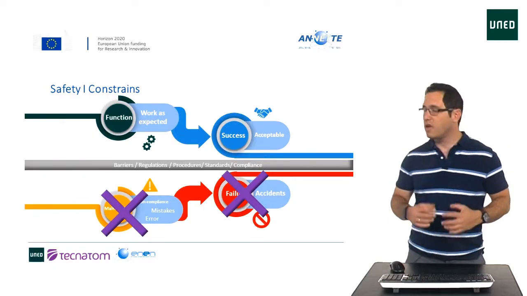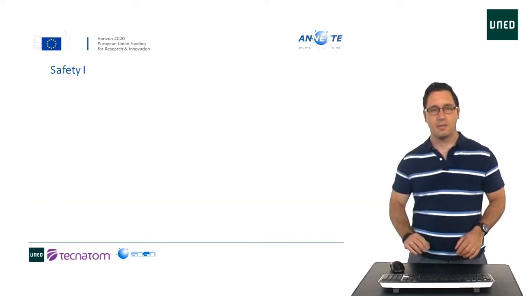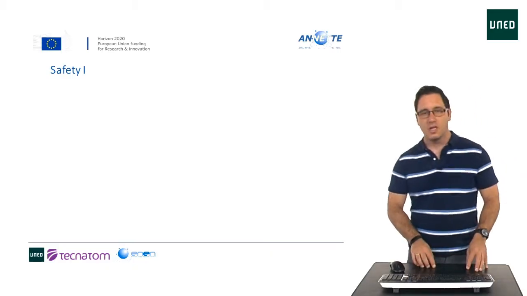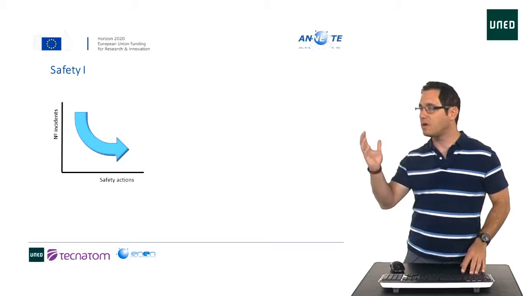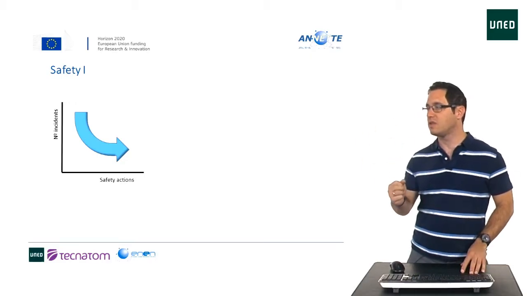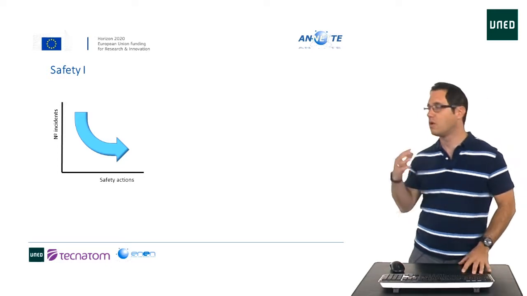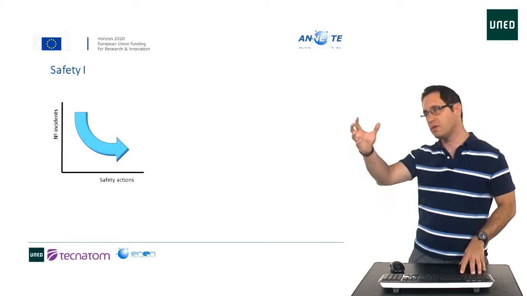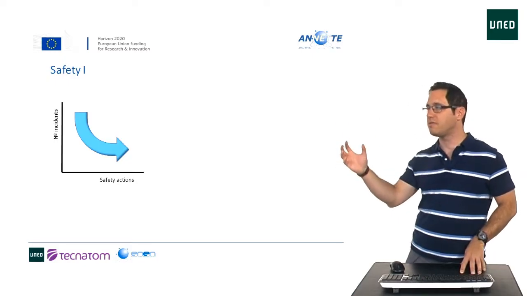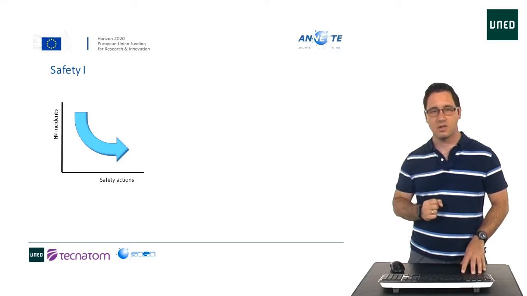This has worked for years and years, but if we look at this graphic, we will see that the number of incidents reduces when you have more safety actions. You have more safety effort and you reduce the incidents.